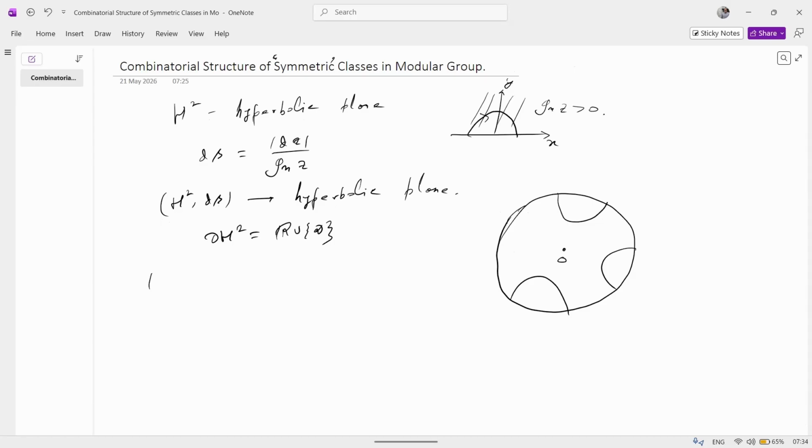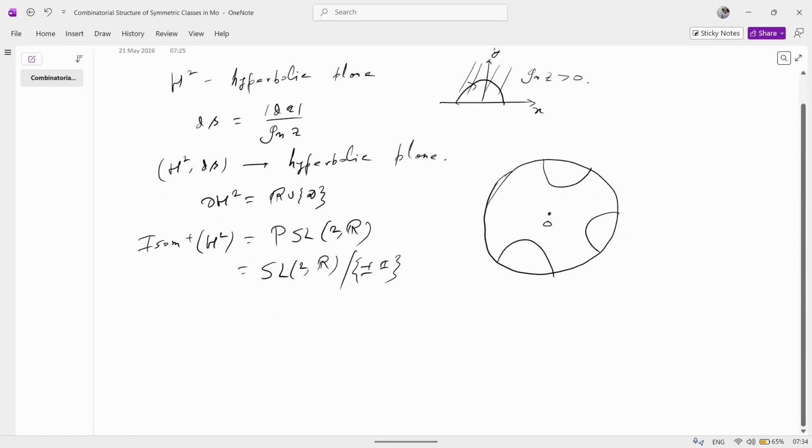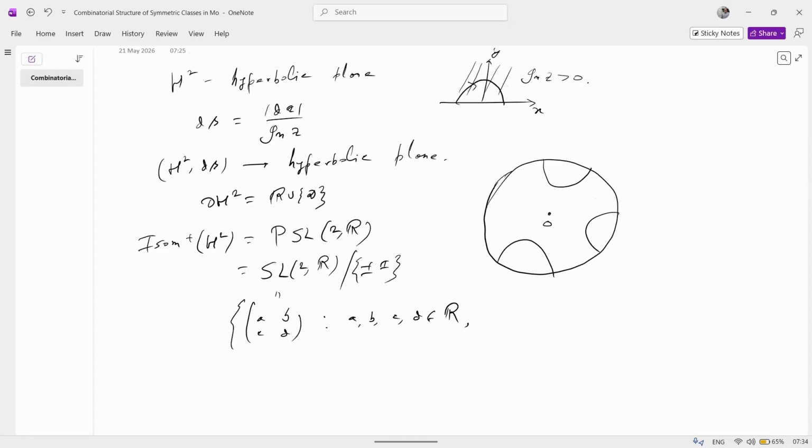And the orientation preserving isometry group of the hyperbolic plane is PSL2R, that is SL2R modulo plus minus identity. And SL2R is just the group of 2 by 2 matrices with real entries and determinant 1.